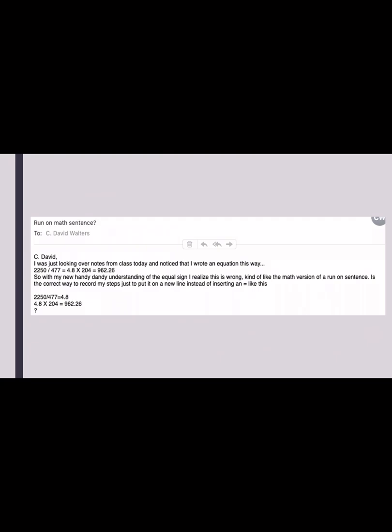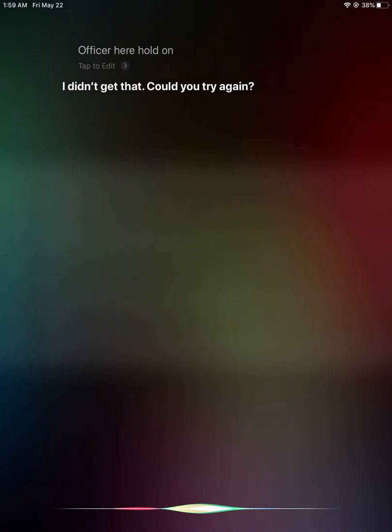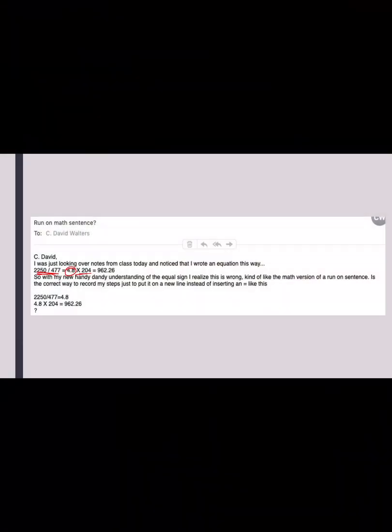More of the operational view of the equal sign. Notice operational view, because this part right here is equal to this one only. And now the operational view can lead to incorrect thinking, because you're multiplying by 204. Sorry about that.